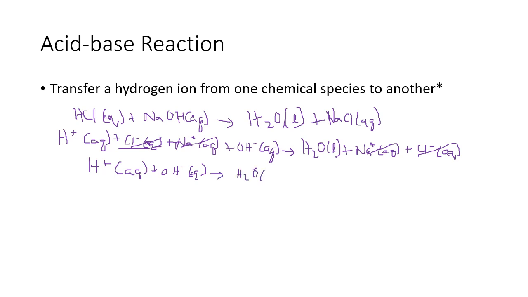All strong acid, strong base reactions have this balanced net ionic equation. Every single one.